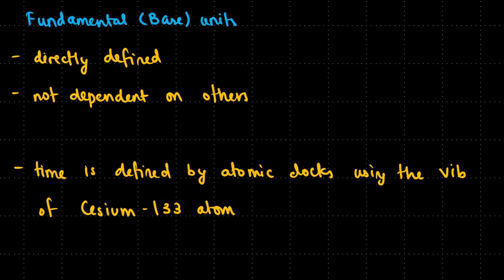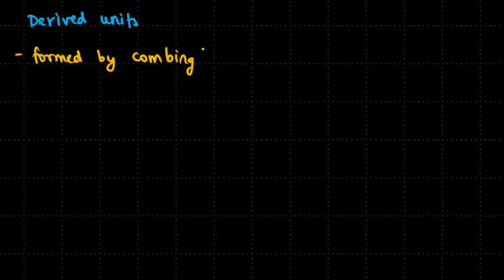Now let's talk about derived units, then I will explain fundamental and derived units together. When talking about derived units, it's pretty similar but exactly opposite. Not opposite, but let's say if you understand one of them, you can understand the other one. When talking about derived units, they are formed by combining fundamental units.